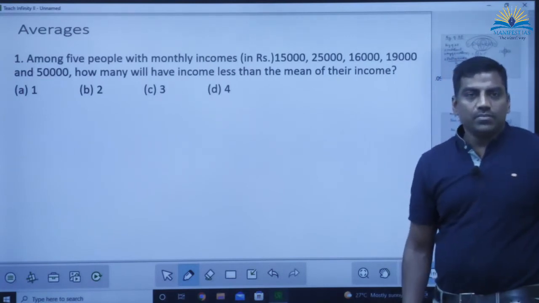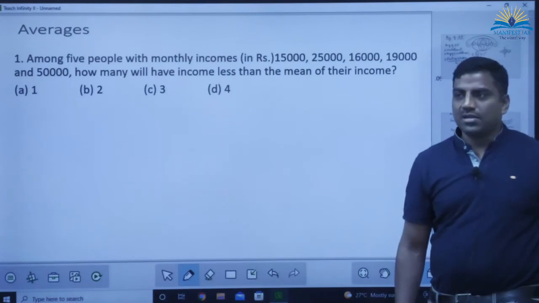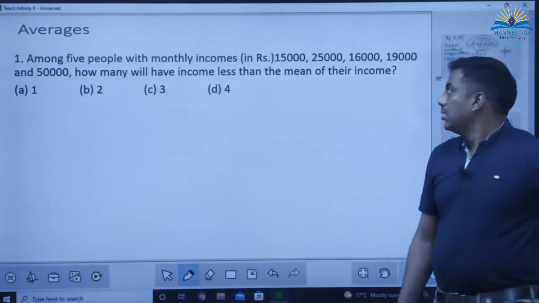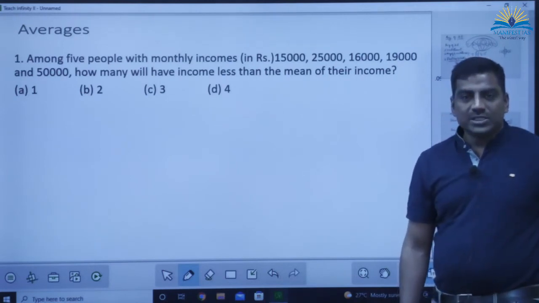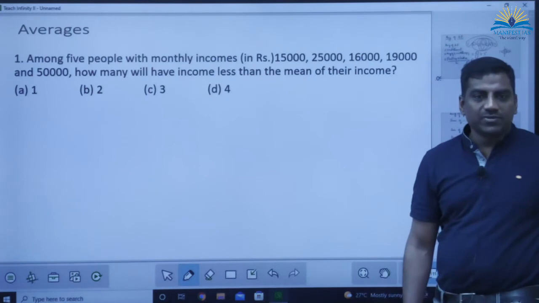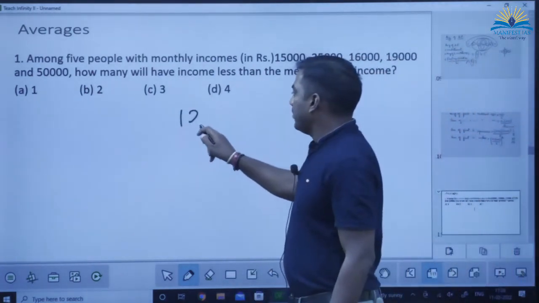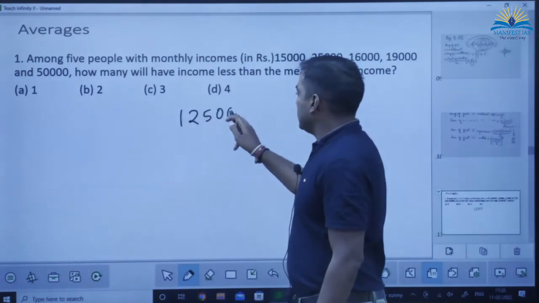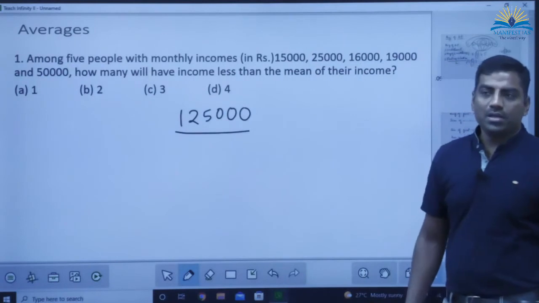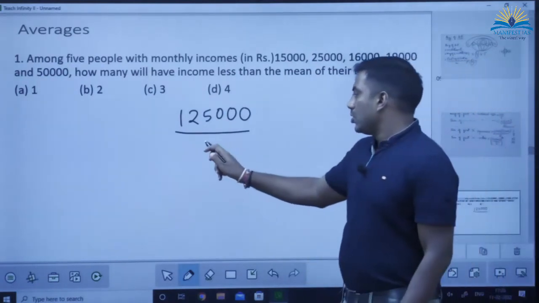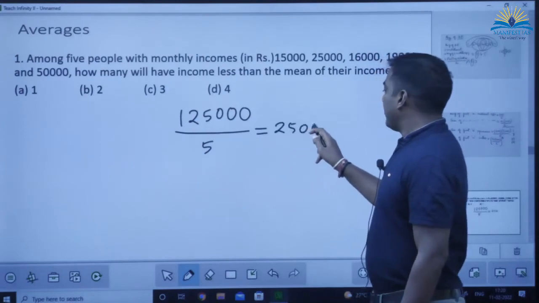What is the total? 15, 25, 40, 40 plus 16, 56, 56 plus 19, 75, 75 plus 50, 125. So the total income is 1,25,000 divided by 5 people. The average income is 25,000.